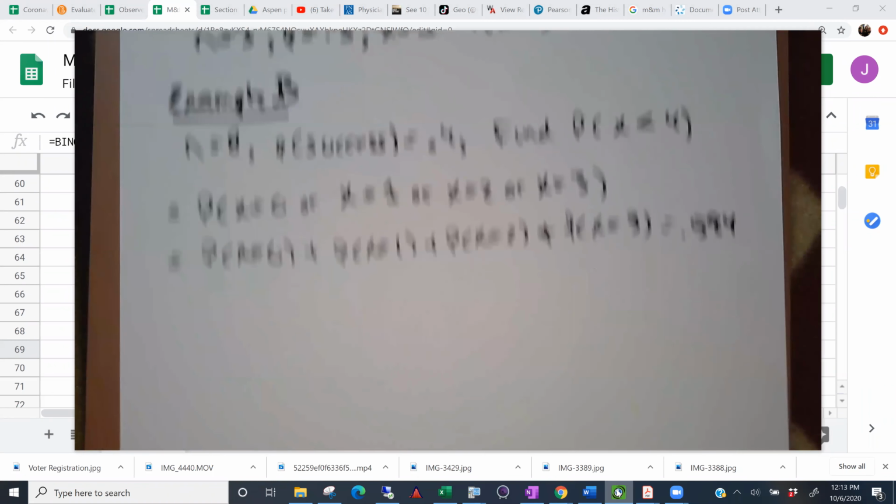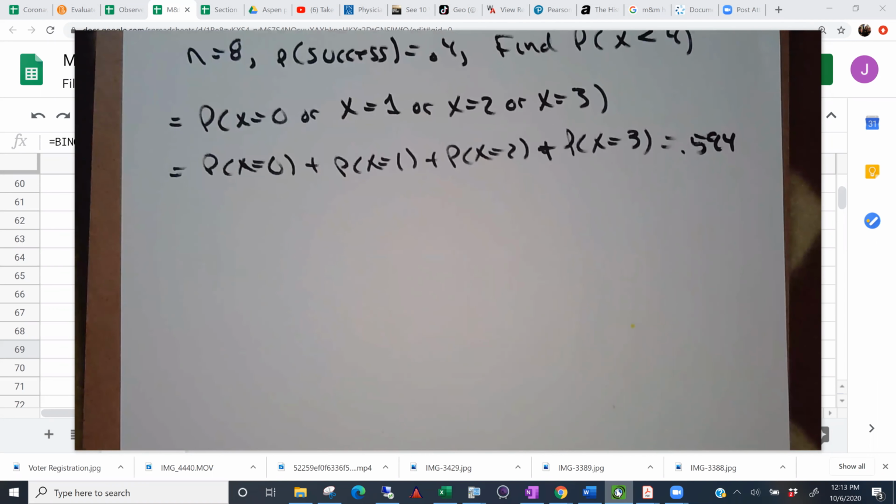So we're going to continue working with binomial distributions, and we're going to talk about the mean and standard deviation of a binomial random variable.